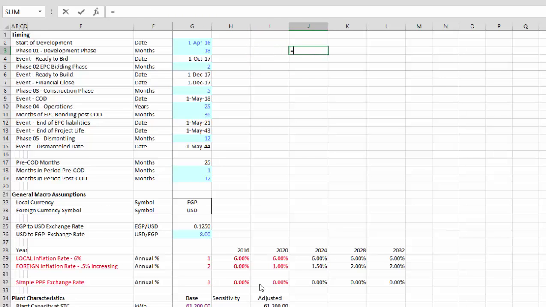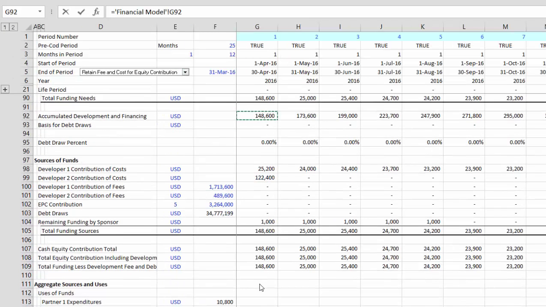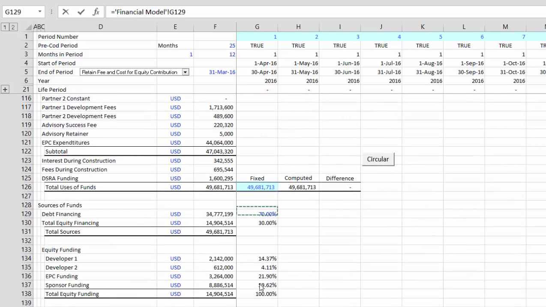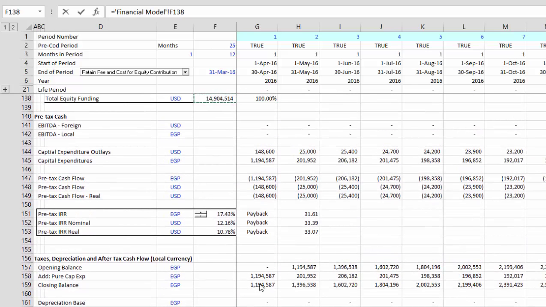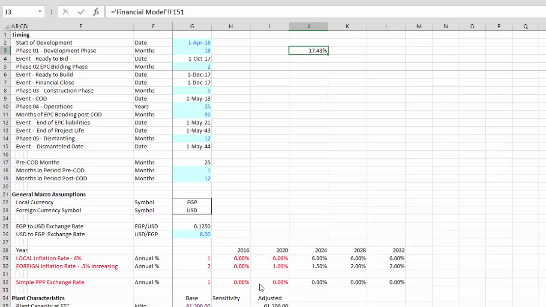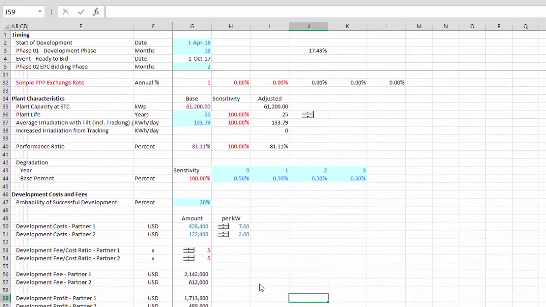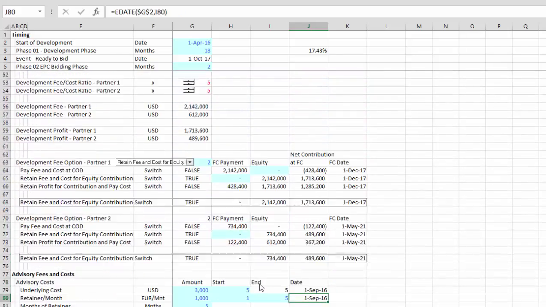Let's just put our project IRR in USD here. Okay, and this is kind of the pre-tax IRR. Very good IRR. Okay, and good, unless you're paying the bill, that is.